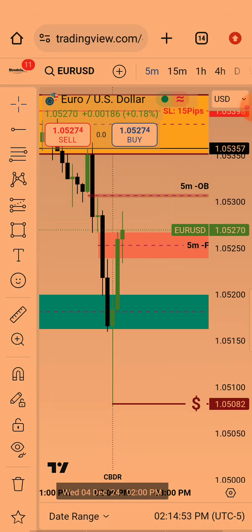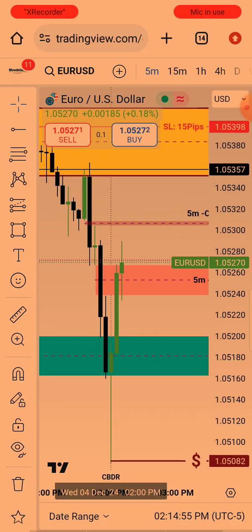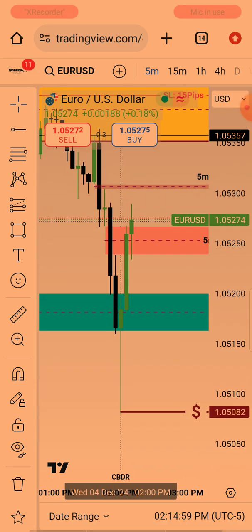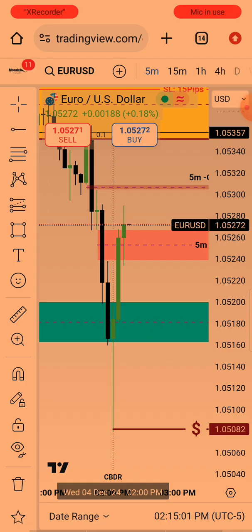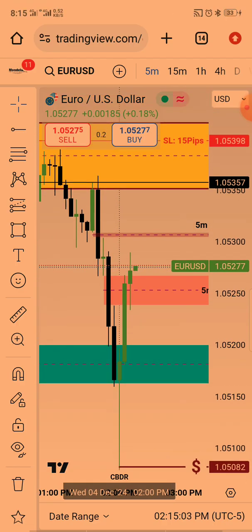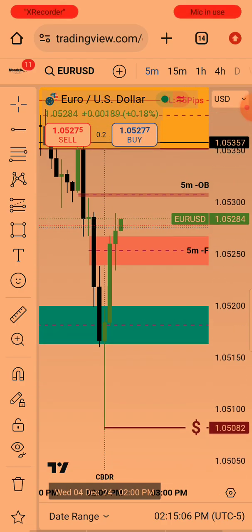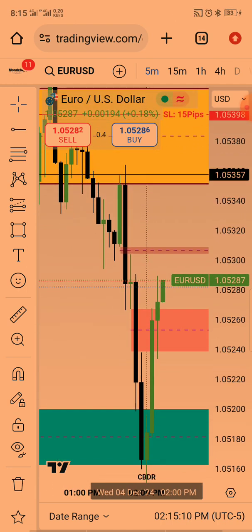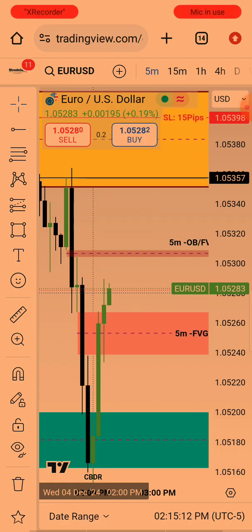You need to go through this low according to my analysis, all the things I want to see on this trade. If you want to go in my direction, you need to do what I'm looking for right here. You need to come down. Once you hit this 5 minute order block right here, this is what I'm talking about.